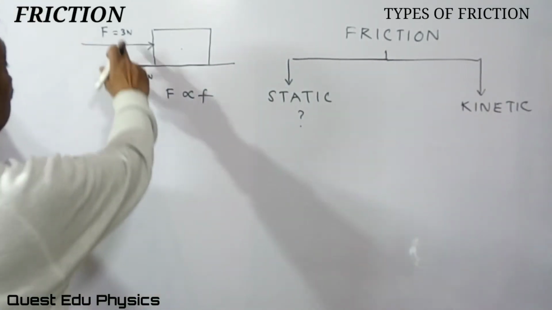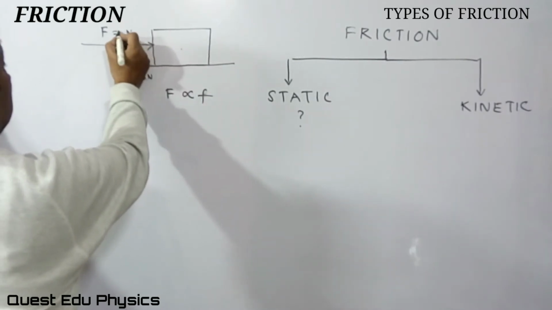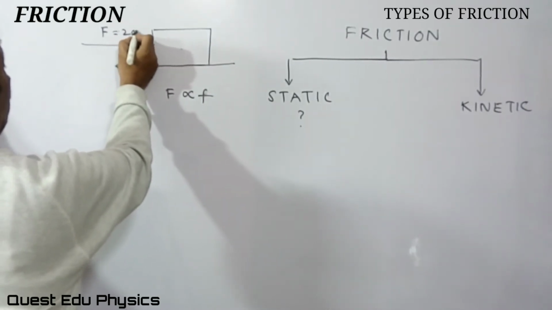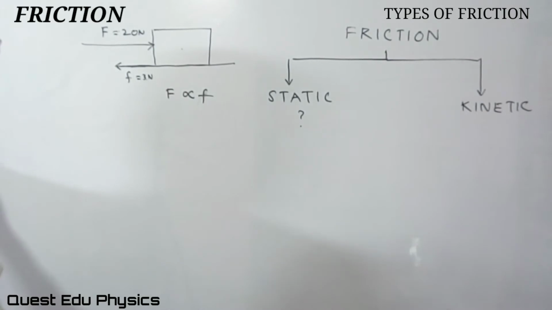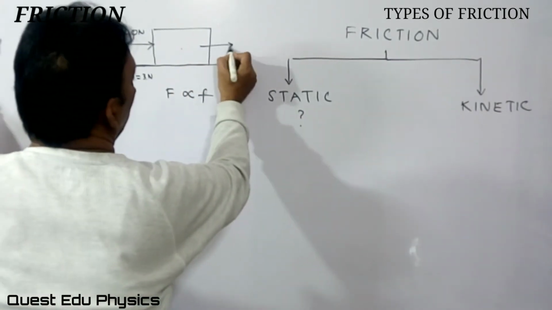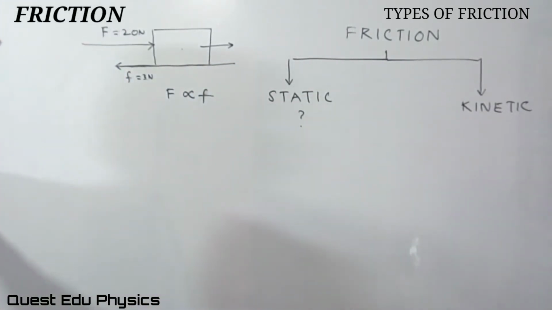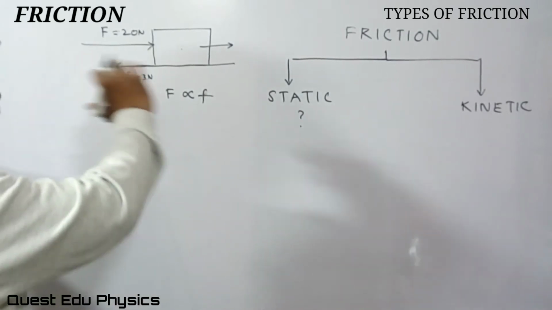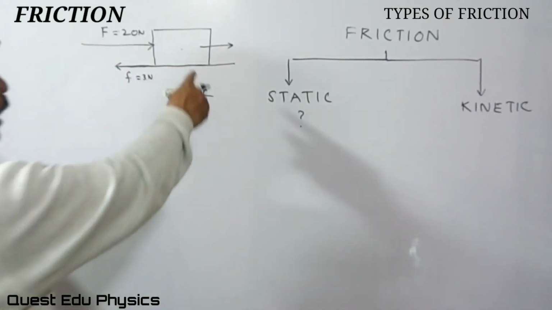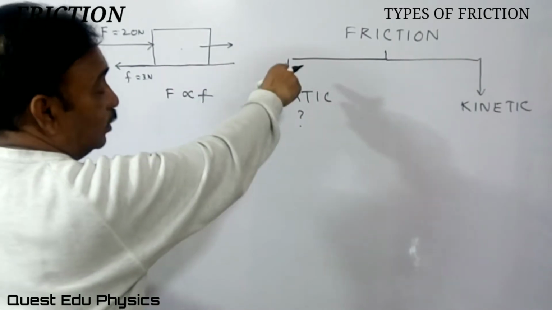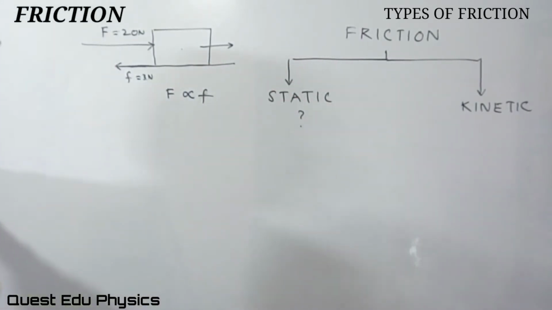What happens after applying a force? Let's say I applied a force of 20 Newton. The body tends to move. Till now it only tends to move. Then after that, the body started moving over the surface.